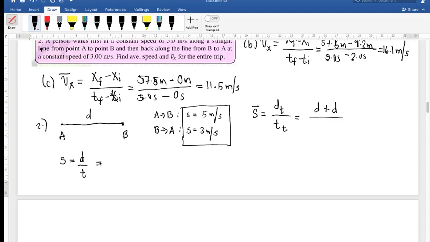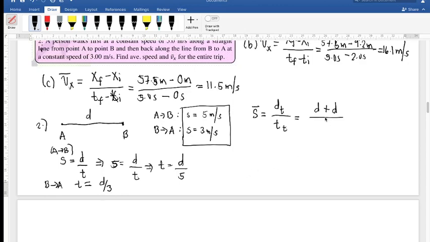So the S from A to B is actually equal to 5 meters per second, D over T. So yung time niya na may speed na 5 meters per second is D over 5. Okay? So how about from B to A? So ano yung time niya? So using again this process, you will find that the T from B to A is D over 3.